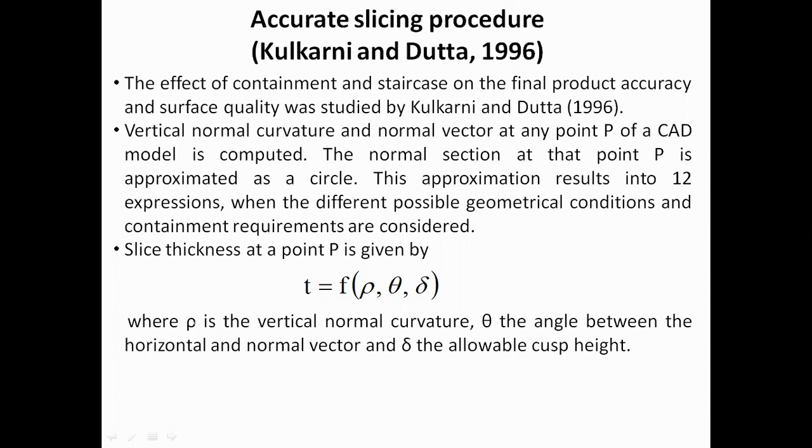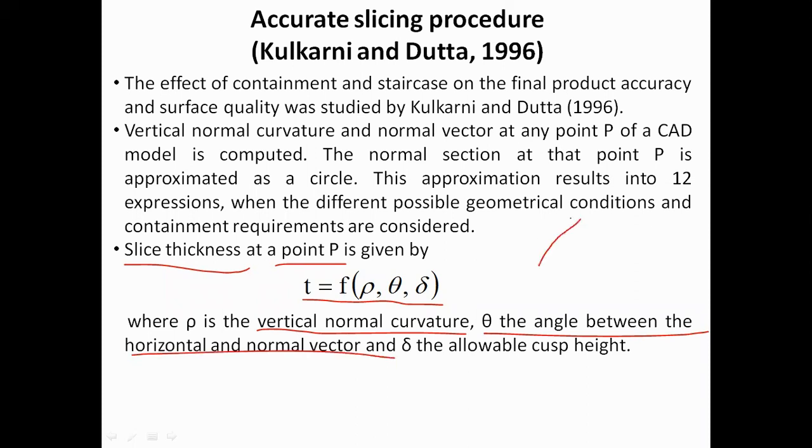So what they did was this: for any point P, the slice thickness was defined as a function of rho, theta and delta. What is rho? Rho is the vertical normal curvature that you can find out using CAD. Theta is the angle between the horizontal and the normal vector.